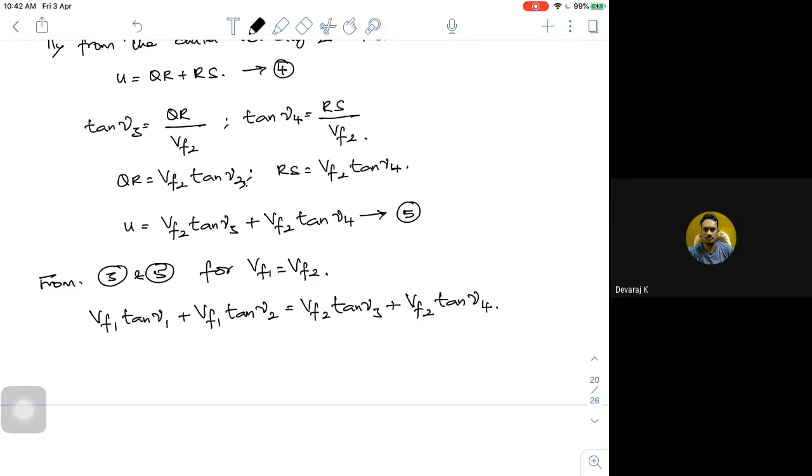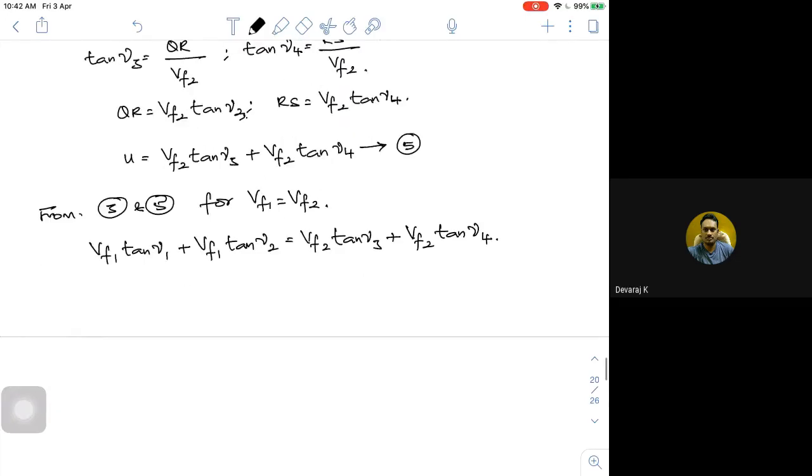So that's also fine. So from this I can write tan gamma 1 plus tan gamma 2 is equal to tan gamma 3 plus tan gamma 4. Or I can take gamma 1 minus gamma 3.